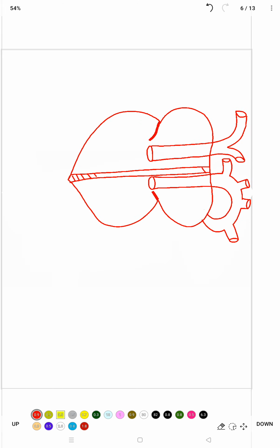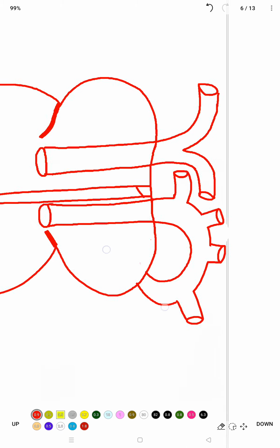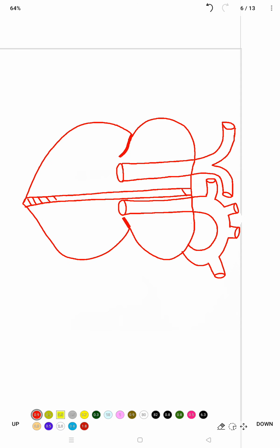Now, if we see the pulmonary artery, then you can see it supplies deoxygenated blood towards the lungs, right and left lungs.